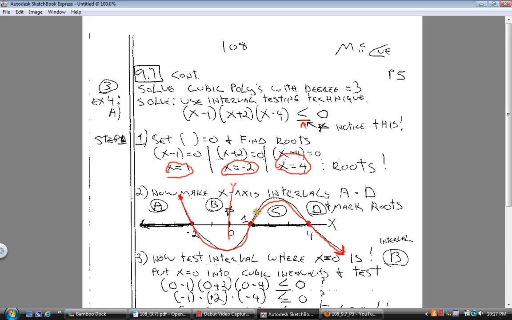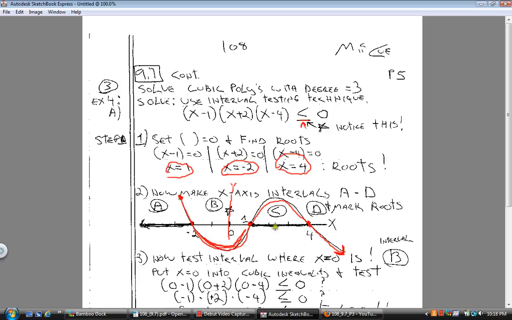Now we are going to take advantage of some observations here. Notice the B interval, I've got a little star next to it, contains 0. When you put 0 in for x, it's the easiest way to find out whether it makes the inequality true or not. What we're going to find is that B relative to the y-axis is below the x-axis, in the valley.